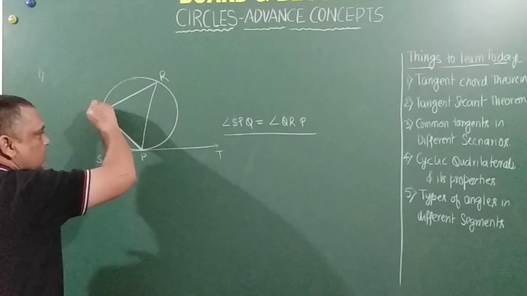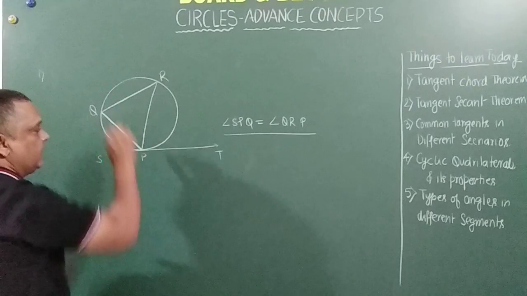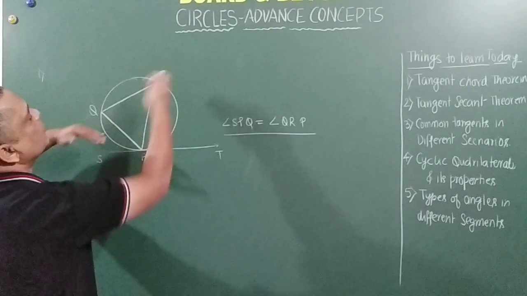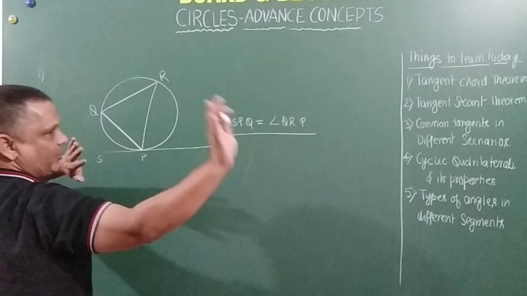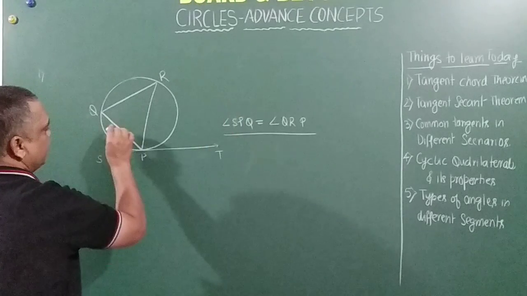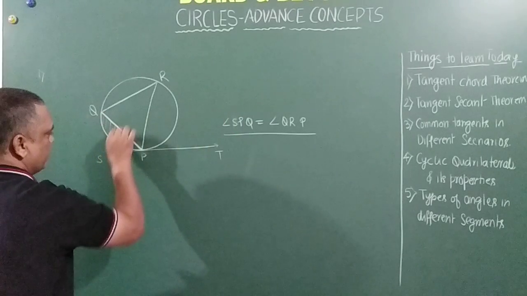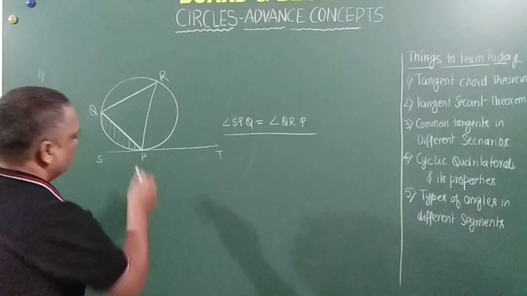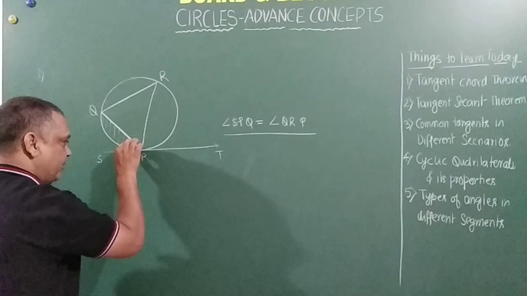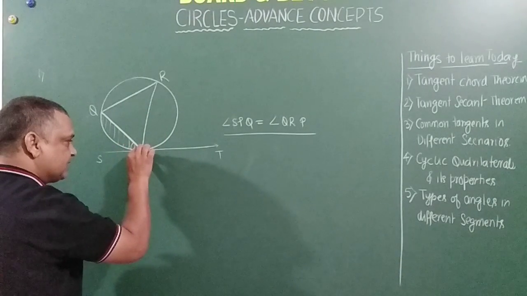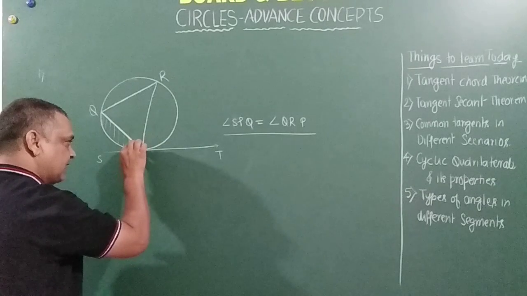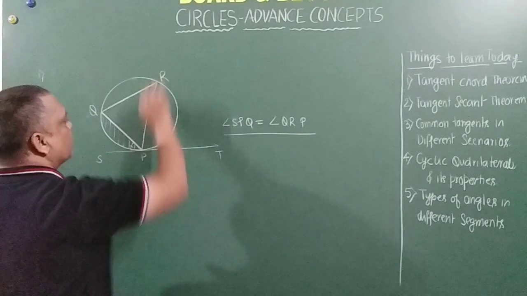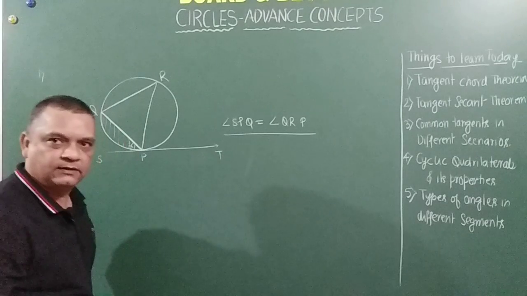Whenever I draw this chord QP, this chord divides the circle into two parts, not equal parts, sorry, two parts. One is this segment and one is the remaining segment. So the angle made by the tangent and a chord at the point of contact, that is this angle, is equal to any angle subtended by this chord in the alternate segment. You are getting it?